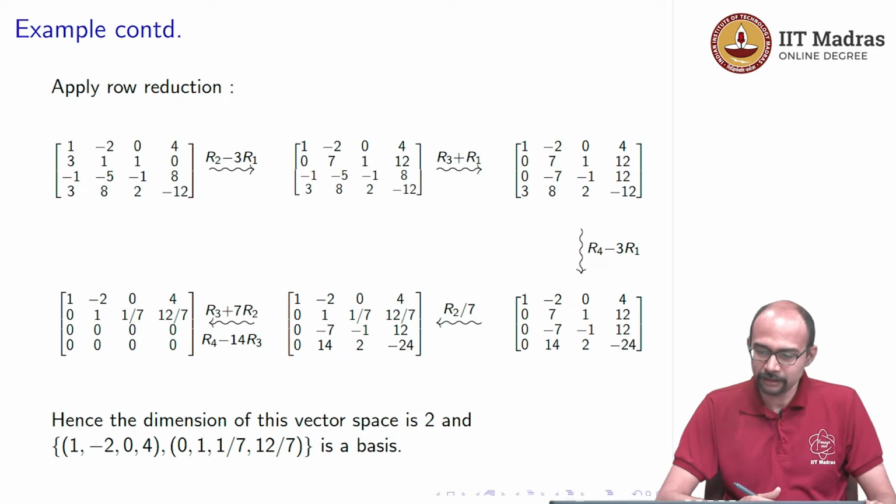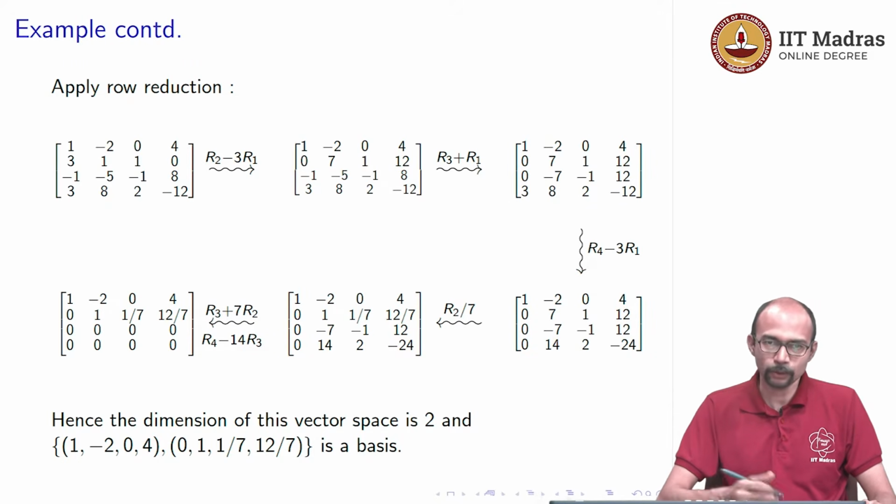If we do that, I get 1 minus 2 0 4, 0 1 1 by 7 12 by 7, and the other 2 rows remain the same, and then we use that 1 to sweep out the third and the fourth entries in the second column. So, that means we have to do R 3 plus 7 times R 2 and R 4 minus 14 times R 2, and it turns out that if you do that, the entire third row and the fourth row become 0.